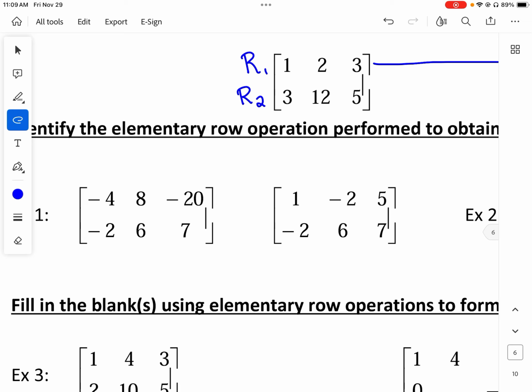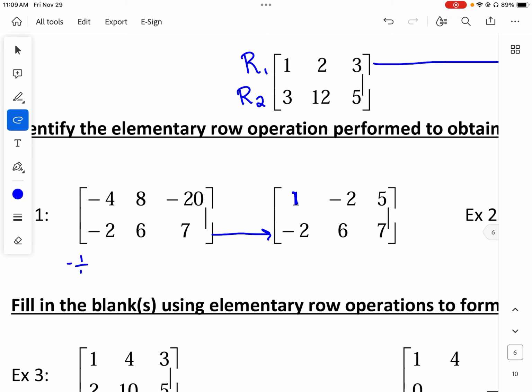Okay, so row 1, it looks like it went from -4 to 1 right here. But row 2 is the exact same. So what am I going to have to multiply -4 by to get a 1? I'm going to have to multiply it by -1/4.